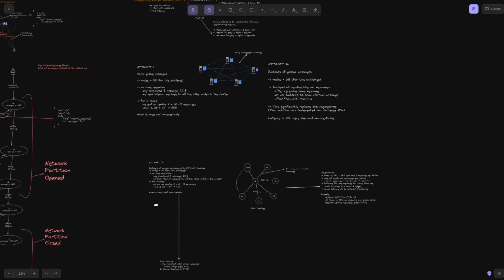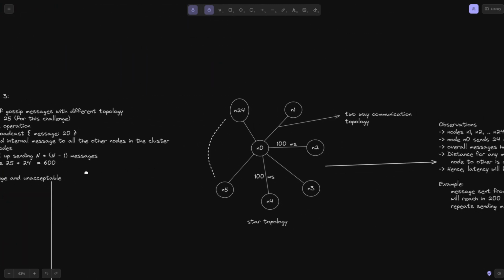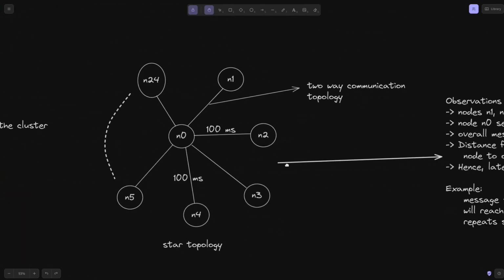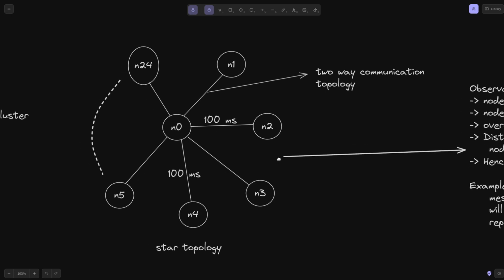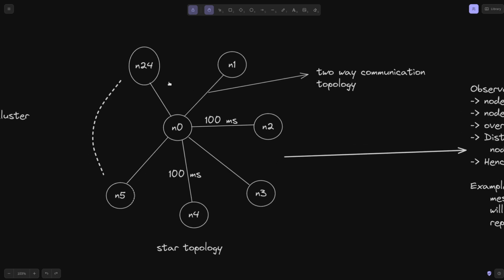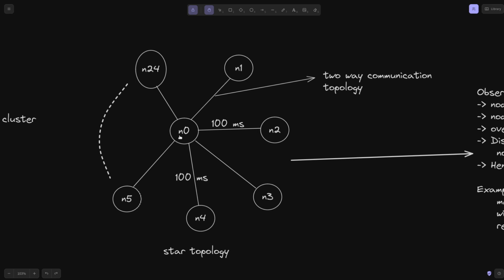Now let's try to change this topology for a moment. Let's assume we are using star topology. We have 25 nodes and we are considering node n0 as the center of the star topology and all the other nodes surrounding it, and this edge denotes two-way communication between nodes n1 and n0.